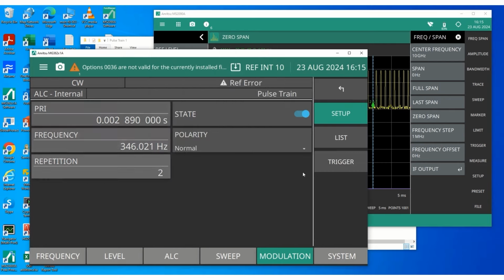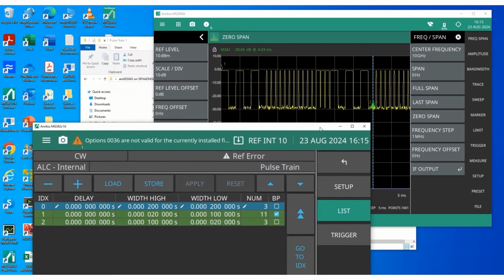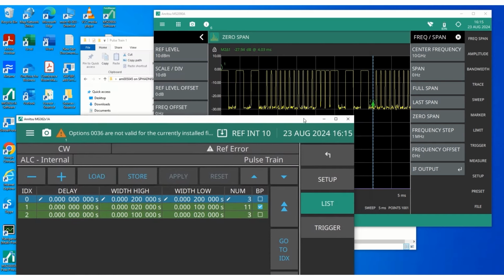We can go back and look at what pulse bursts we had defined, and then see if we can correlate. So you have the first pulse burst, which is 50% duty cycle, 200 microseconds on and off period, to be repeated 3 times, and that's our first pulse burst. Then your second pulse burst with a very narrow high and a much larger low, to be repeated 11 times, and there you go. You have 11 of those bursts here.